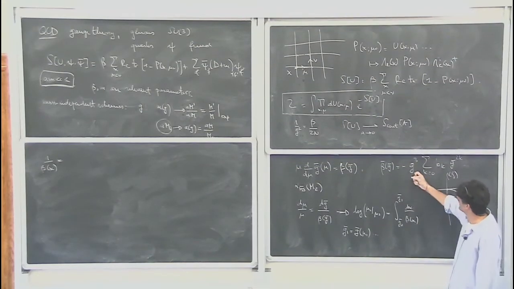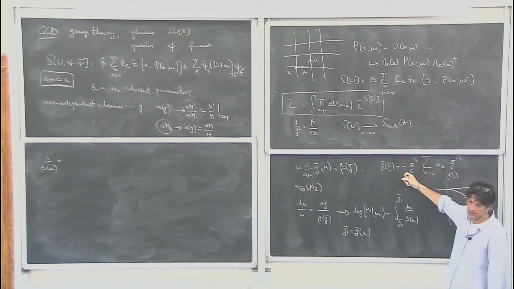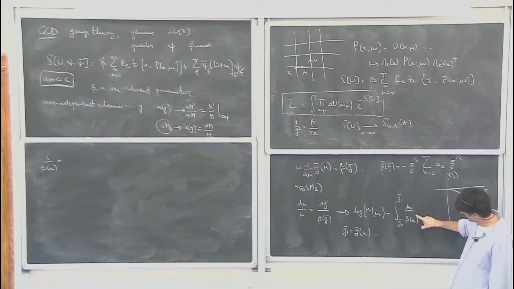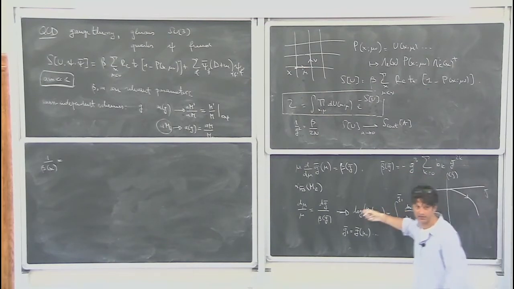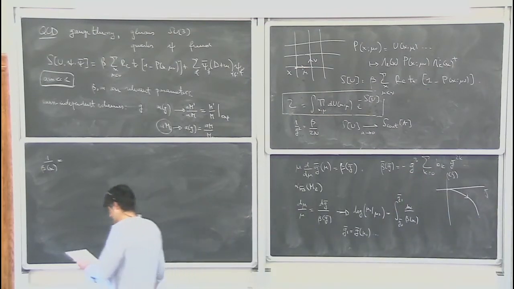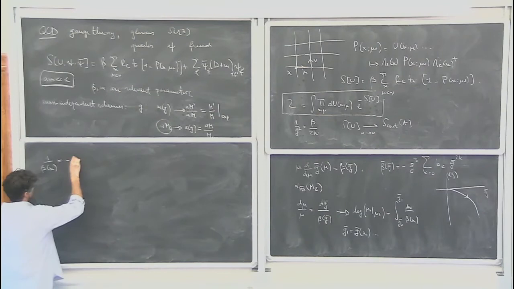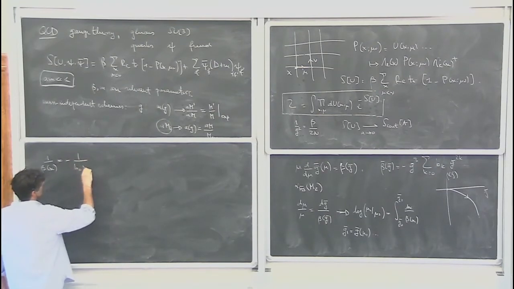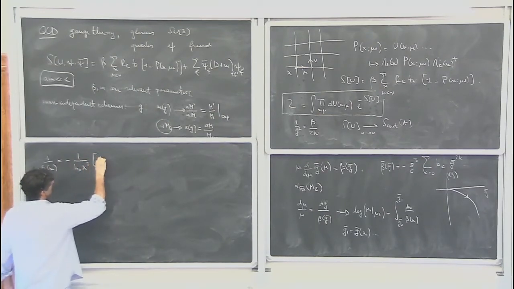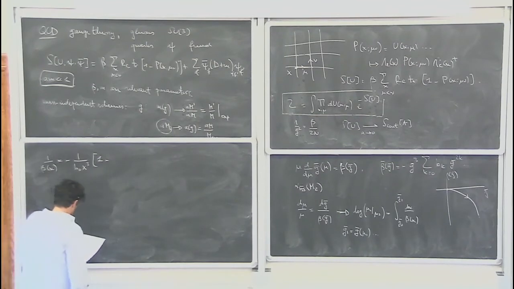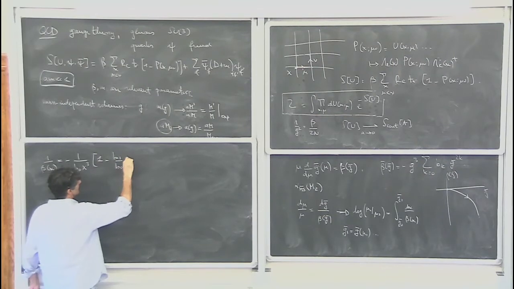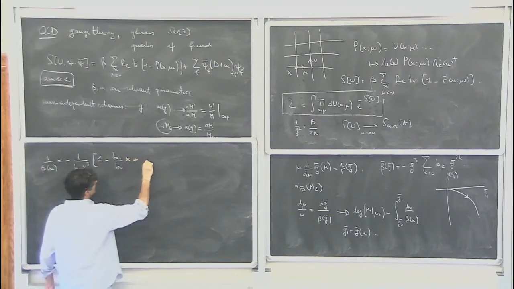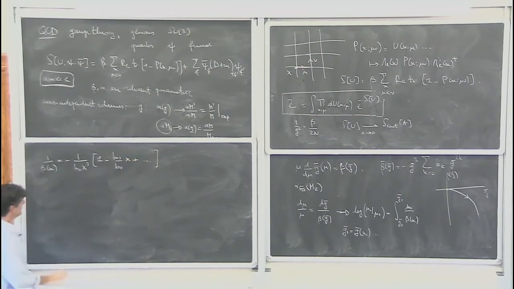In 1 over beta, we want to factor out the 1 over g cubed dependence and see what is left. If you do a little bit of algebra, you see immediately that this is 1 over b0 x cubed times 1 minus b1 over b0 times x plus higher orders in x.